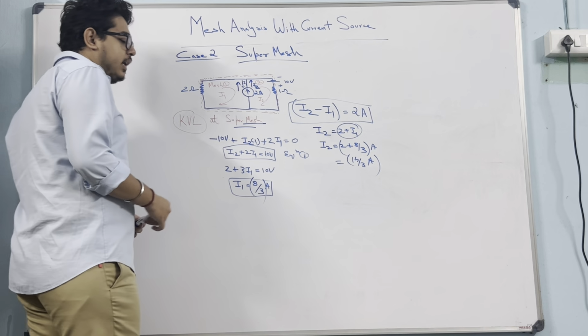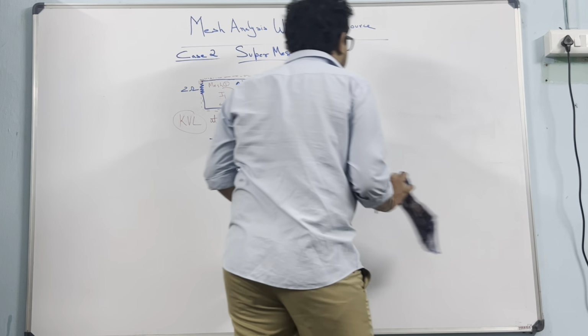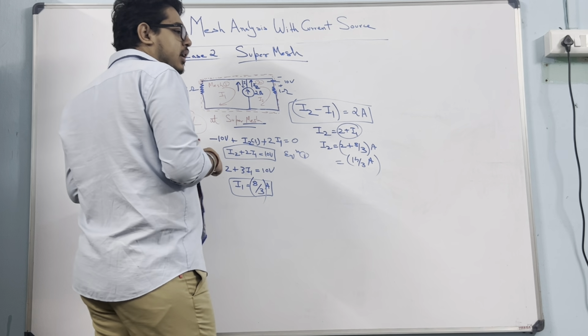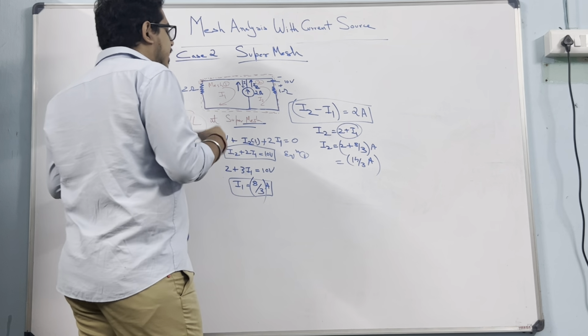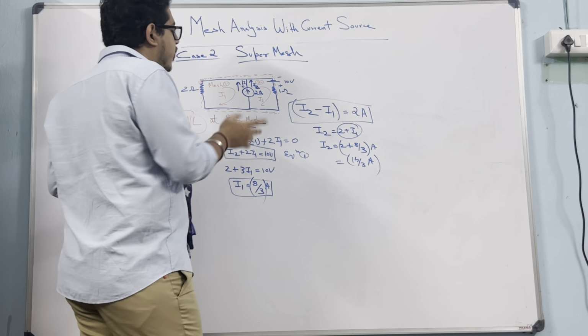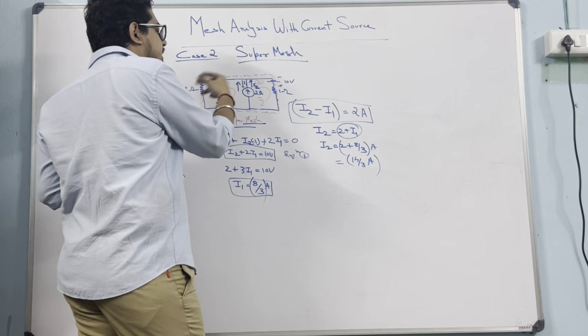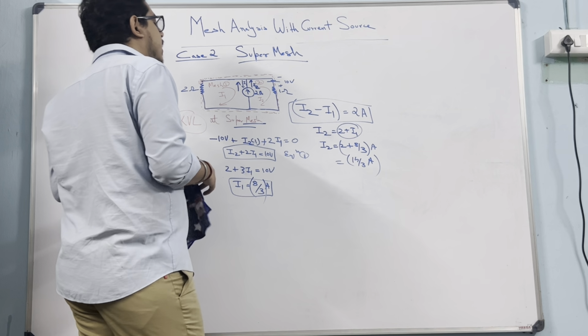Now let's go a little deeper in this subject. We saw a case where only one mesh was present. It was easy, you can directly say the mesh current is equal to the current source. Now we saw two cases of two meshes: one when the current source is present in one mesh and another when it is in the middle of the junction. So there are two different approaches to solve this.